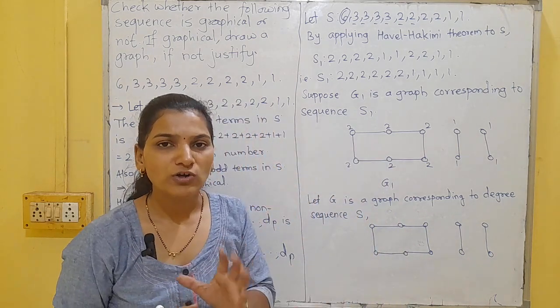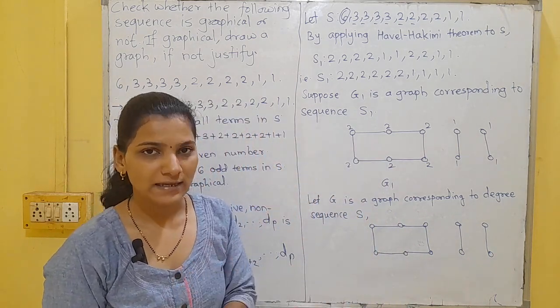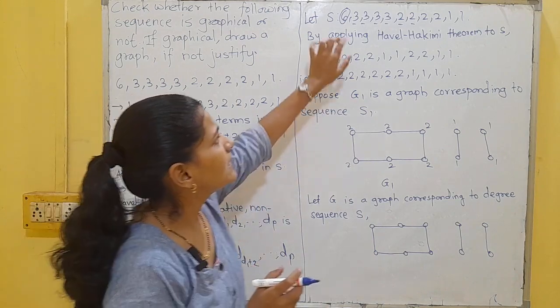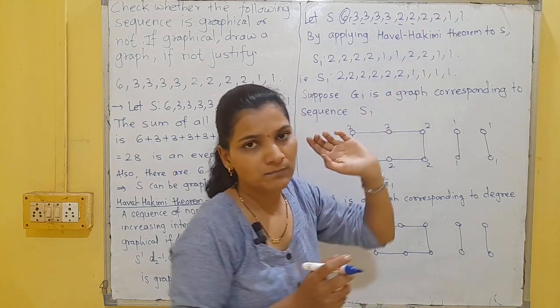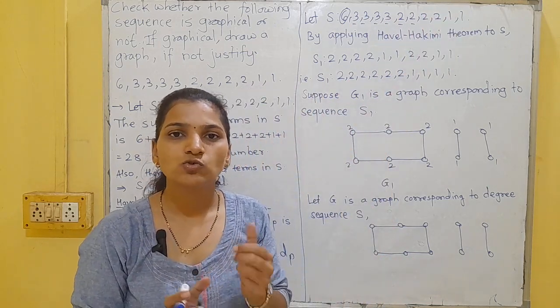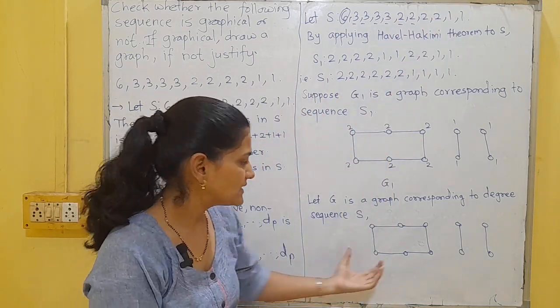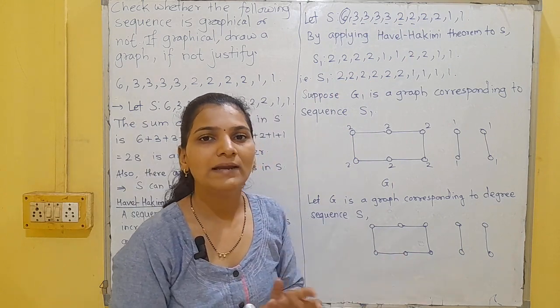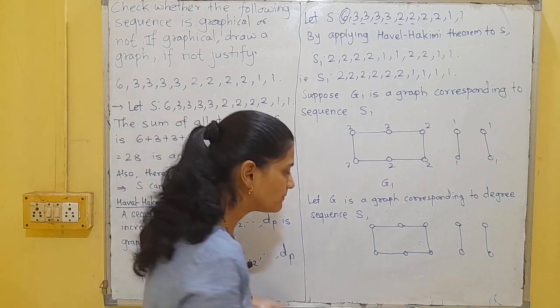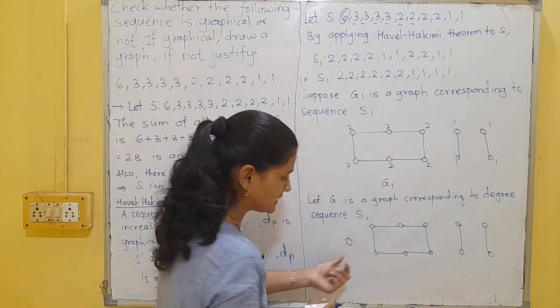Now if we count the number of vertices in S, that number is 11. So graph G should have 11 vertices, and G1 contains only 10 vertices. So I am adding one vertex to construct graph G.